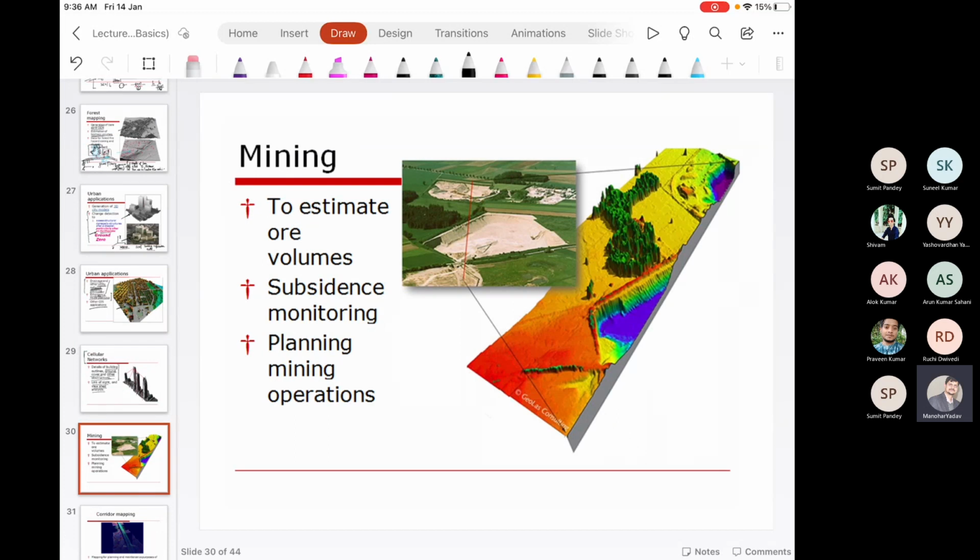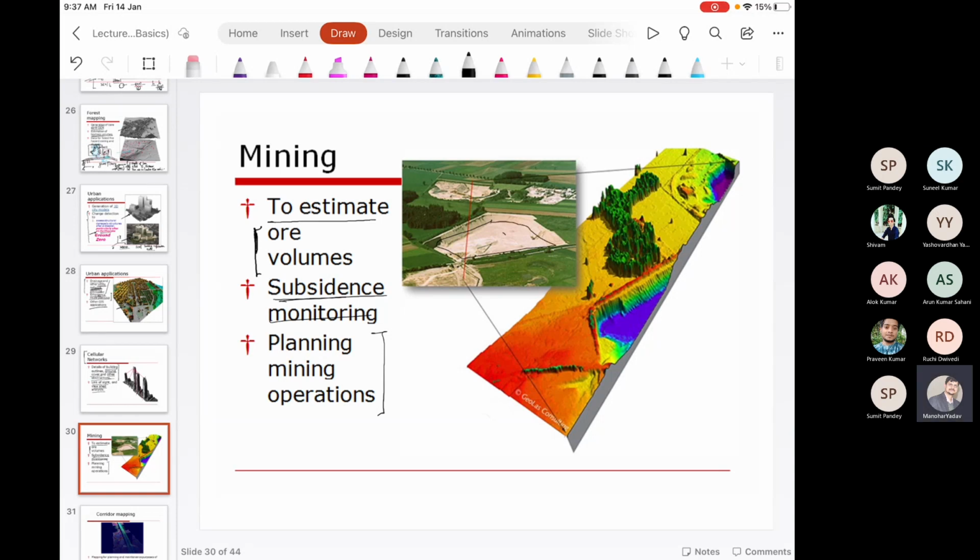Now further, we use LiDAR based 3D mapping for mining applications. For mining, we can estimate the actual volume of the ore that is extracted during the mining work, do subsidence monitoring, and plan mining operations. Let's say this is the excavation site.